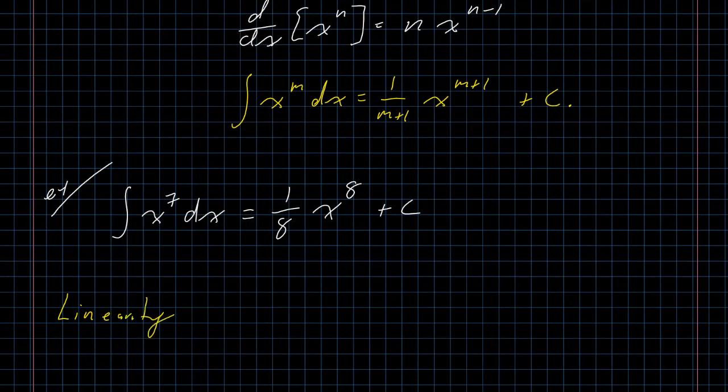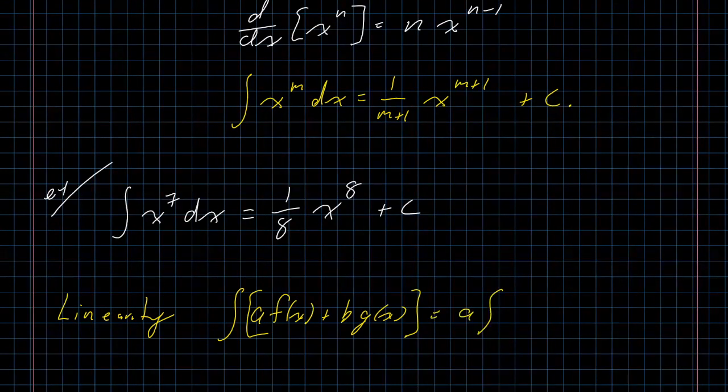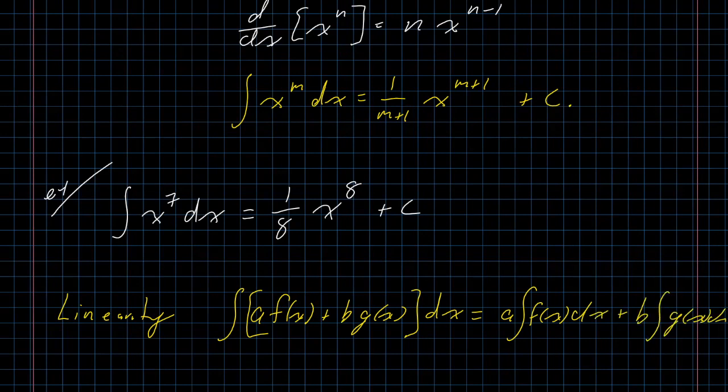We also have the property of linearity, which we've already discussed for integrals. The integral of a times f of x plus b times g of x, I need some dx's in there, sorry about that, dx is equal to a times the integral of f of x plus b times the integral of g of x.